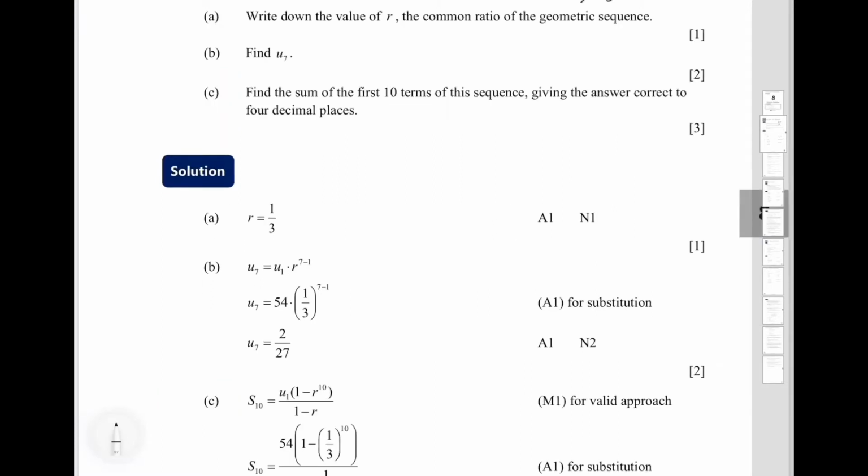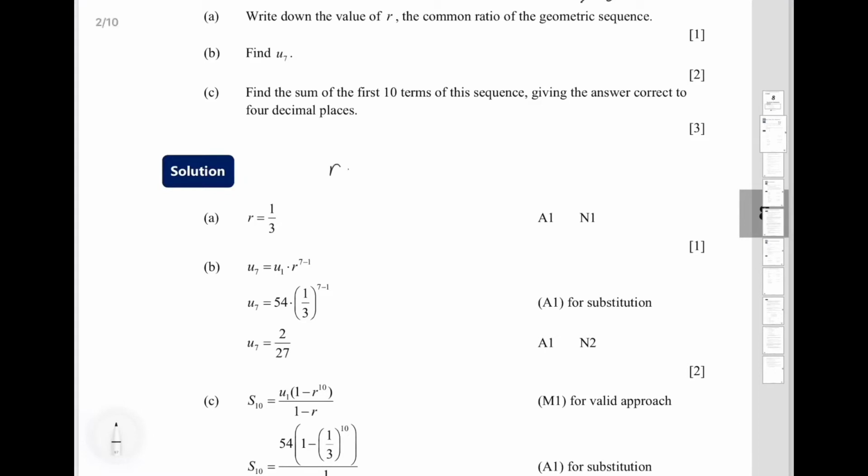By using the concept of a geometric sequence, in order to generate the next term, we have to multiply the previous term by the common ratio r. So in this situation, when we are going to find the value of the common ratio r, we may have to use the ratio between two consecutive terms.